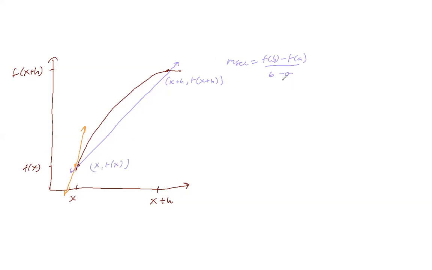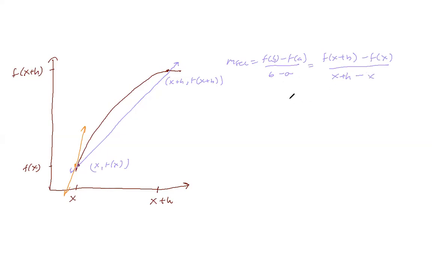These are just two random points on the graph. Let's go ahead and plug those in to make this more specific then. So f of b minus f of a is going to be f of x plus h minus f of x. And then on the bottom, we've got x plus h minus x, right? y2 minus y1, x2 minus x1.